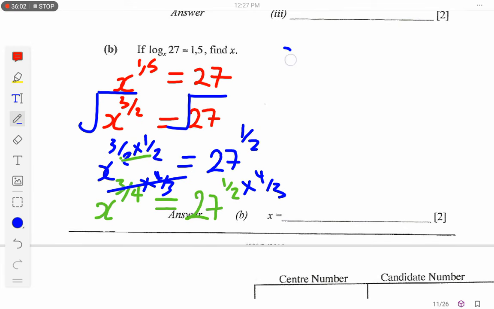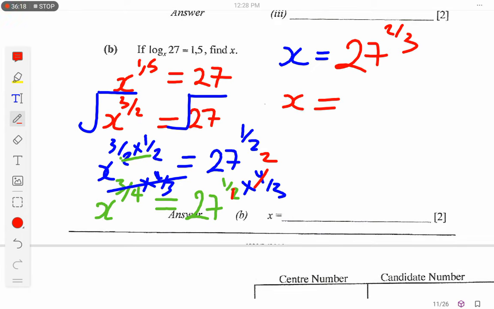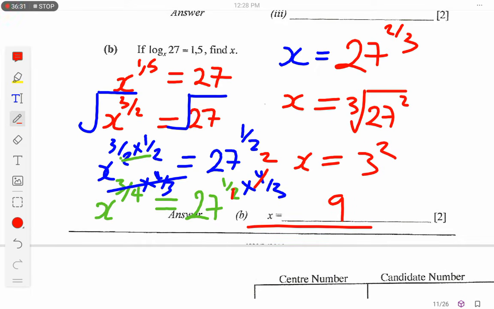On the right side, 2 can go into 4 and have 2. So my 27 is now to the power of 2/3. I can rewrite this as x is equal to cube root of 27, then squared. Cube root of 27 is 3, and 3 squared is 9. So x is equal to 9.